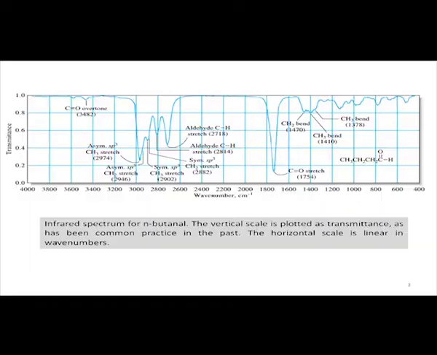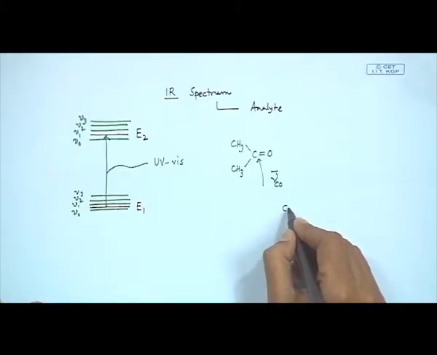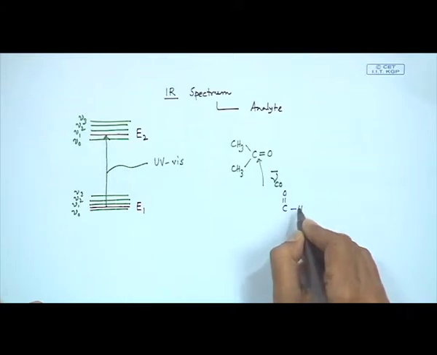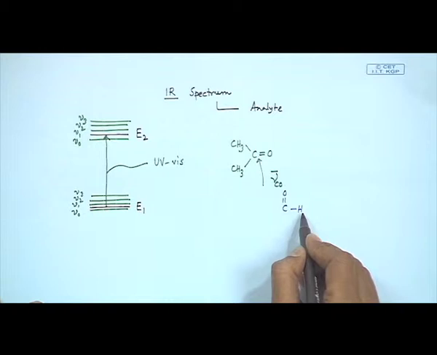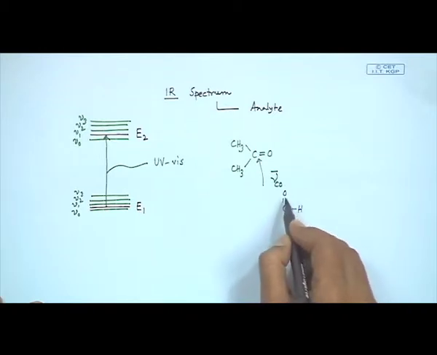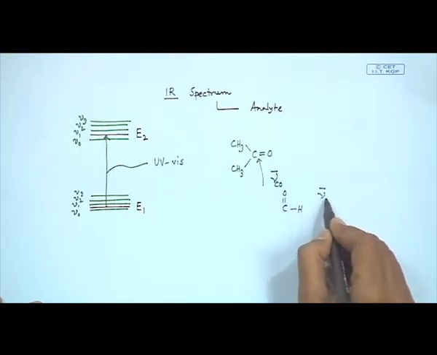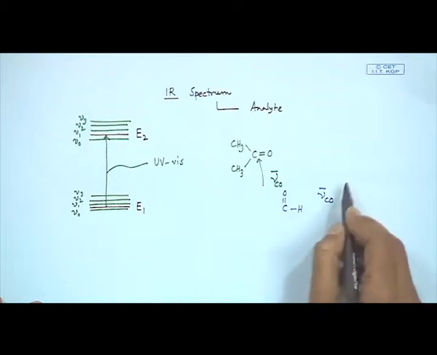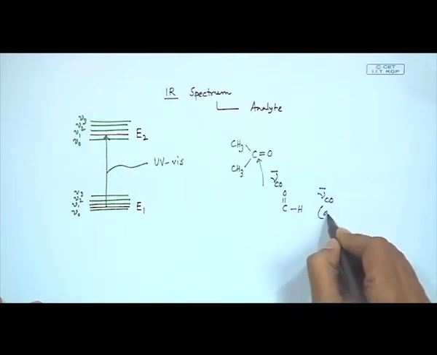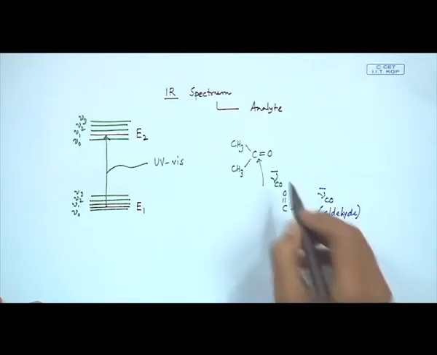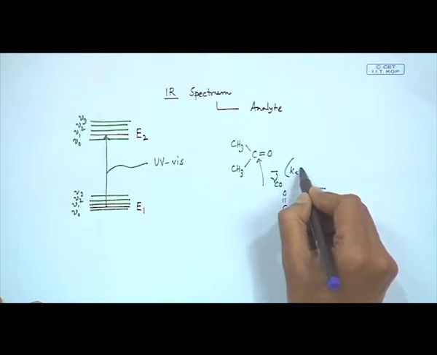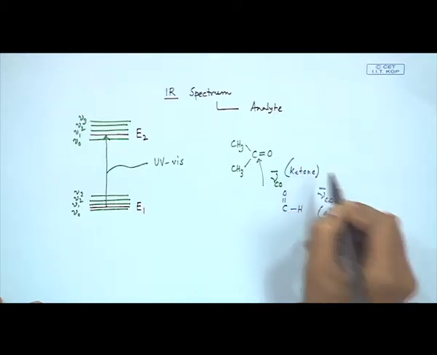Instead of this ketone CO we have the aldehyde function, the same CO, but this carbon is not attached to two carbon centers, rather it is attached to H. So, it can have a different stretching frequency of nu bar CO for the aldehyde function, and this one is for the ketone function.